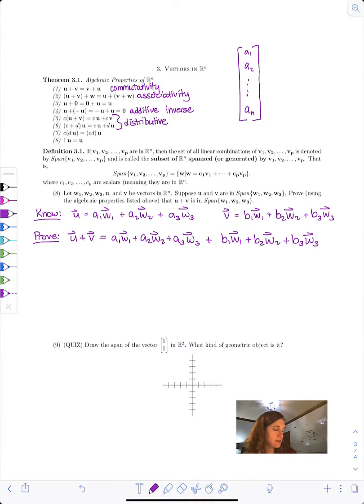And now we see W1, W2, and W3, but what we want is some number times W1 plus some number times W2 plus some number times W3. And right now we have a W1 showing up more than one time.